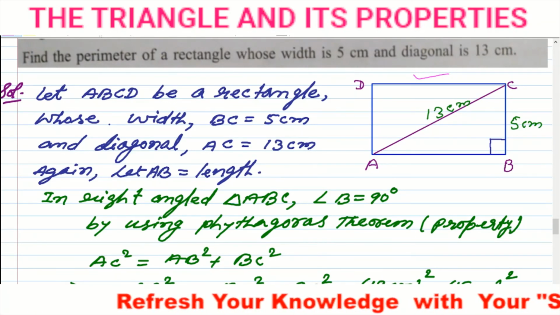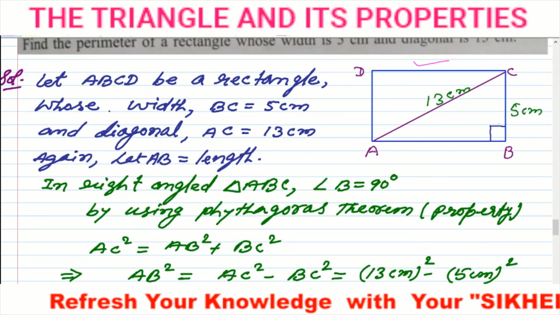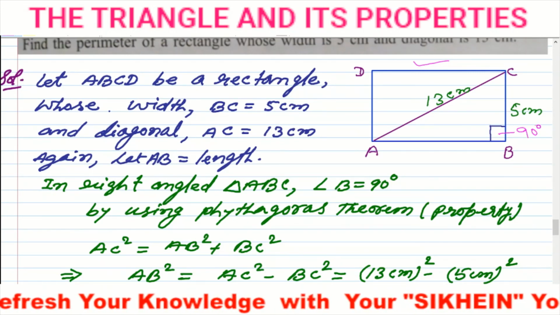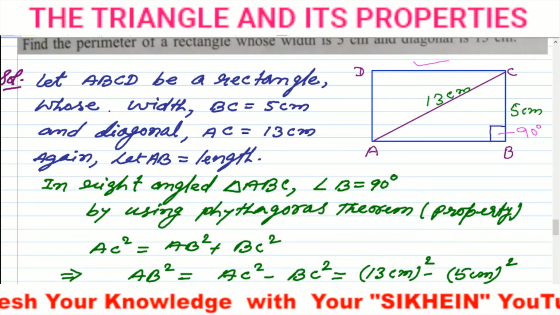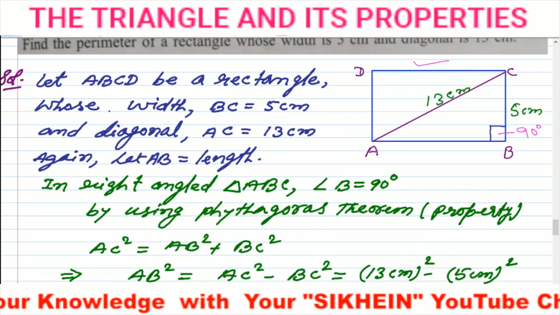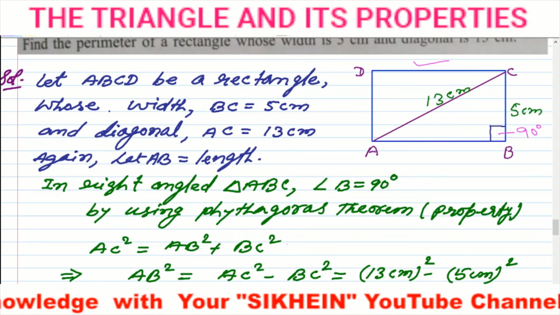In right angle triangle ABC, we can write angle B equal to 90 degree. By using Pythagoras theorem, AC square equal to AB square plus BC square.